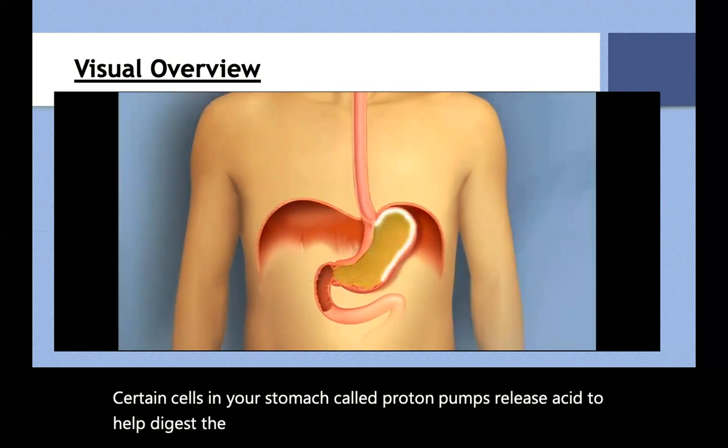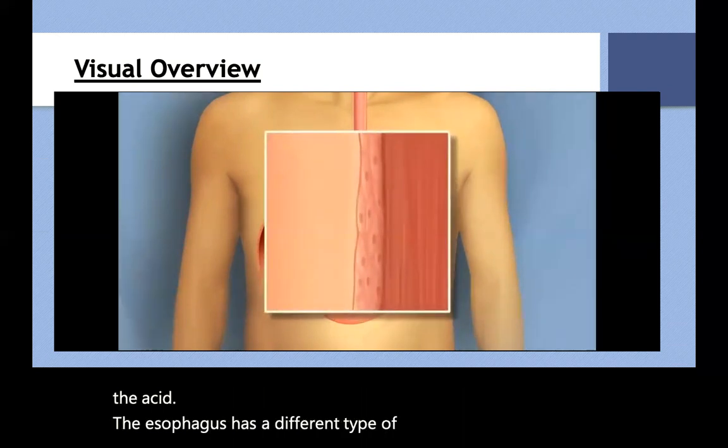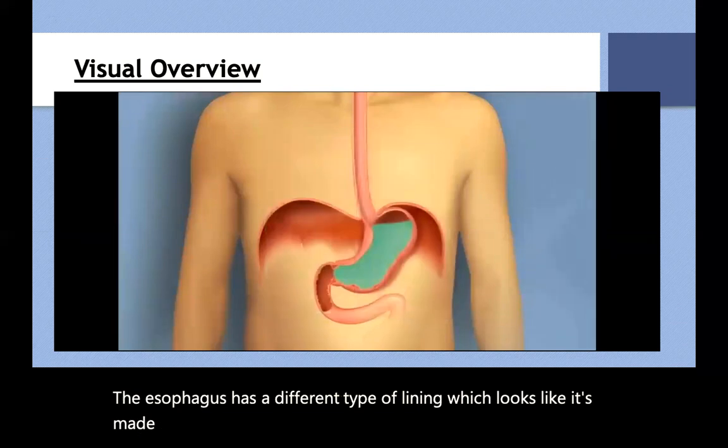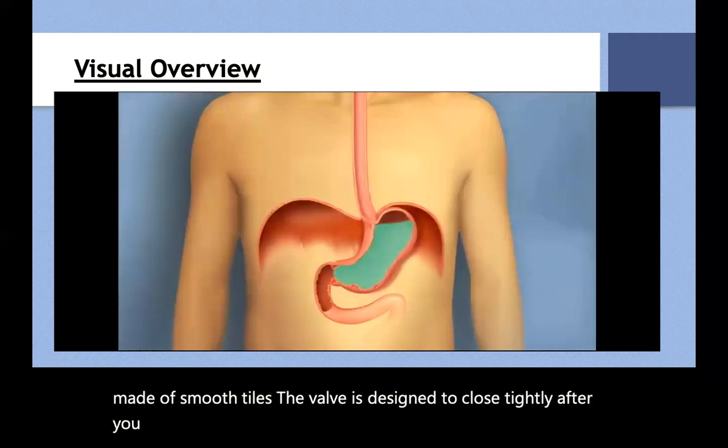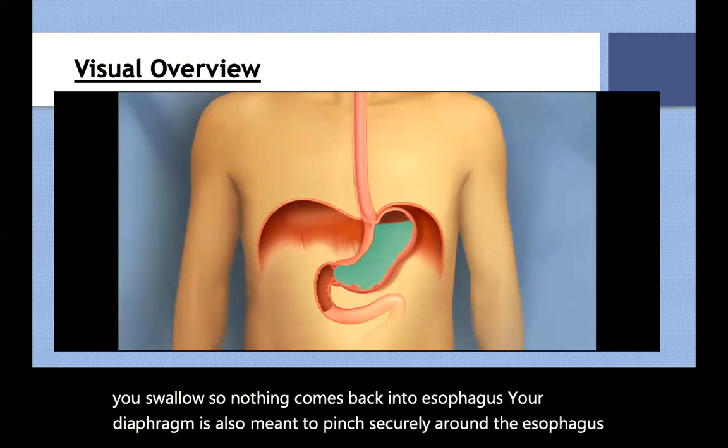The lining of your stomach protects it from the acid. The esophagus has a different type of lining, which looks like it's made of smooth tiles. The valve is designed to close tightly after you swallow, so nothing comes back into the esophagus. Your diaphragm is also meant to pinch securely around the esophagus, closing off the opening to your stomach.